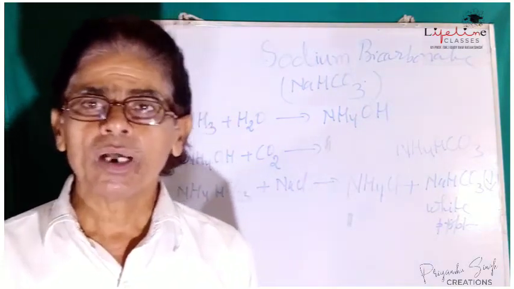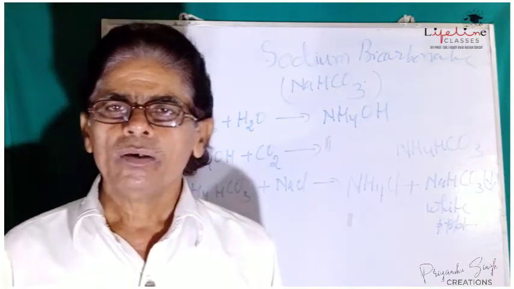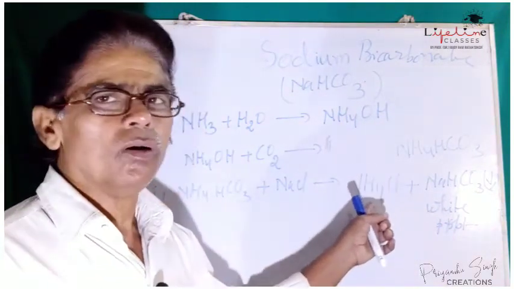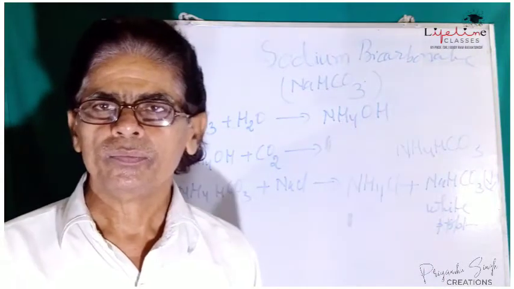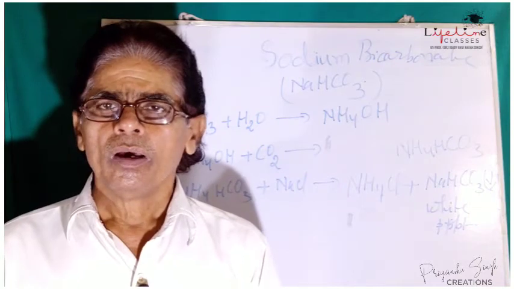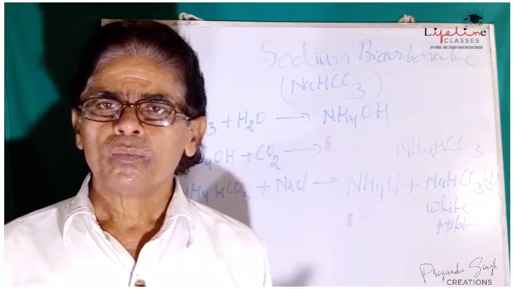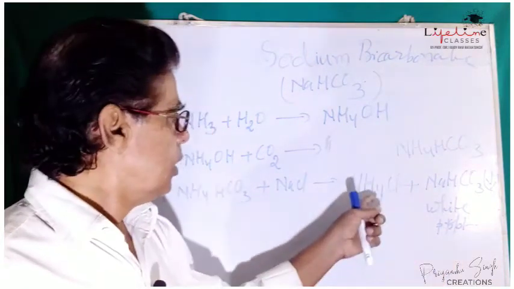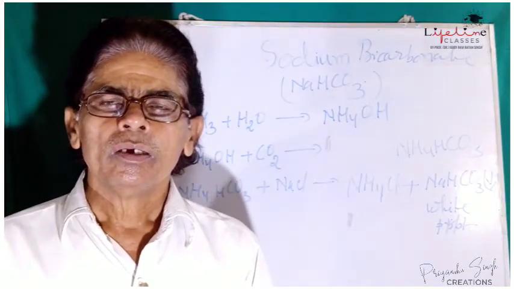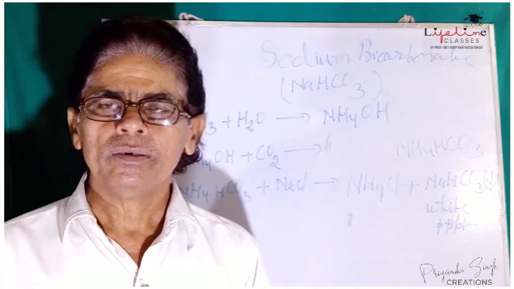Now it is filtered out, and in the filtrate ammonium chloride is present as a byproduct. We can also obtain ammonia from ammonium chloride by the treatment of calcium hydroxide.